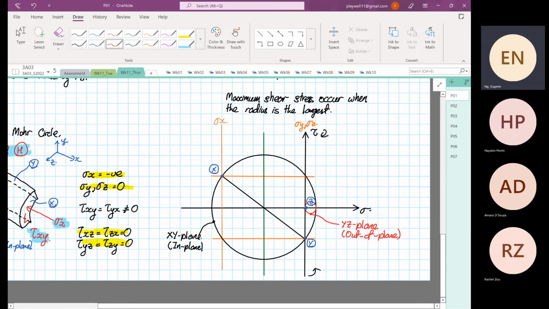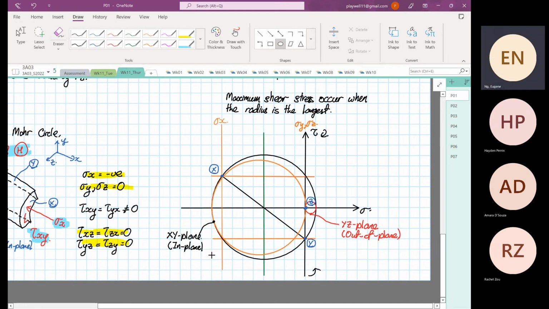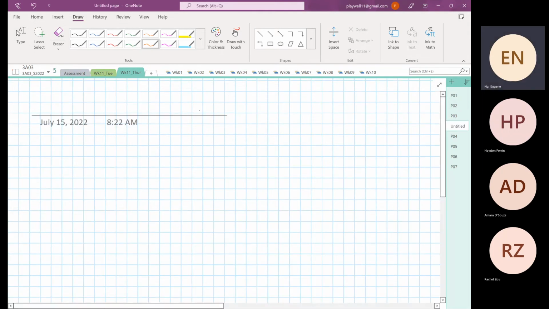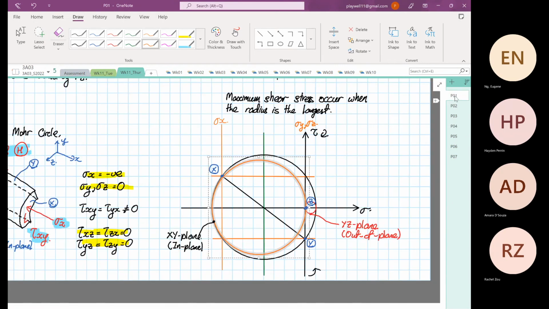And then the last circle I'm going to sketch, this circle over here. Something went wrong, apologize.